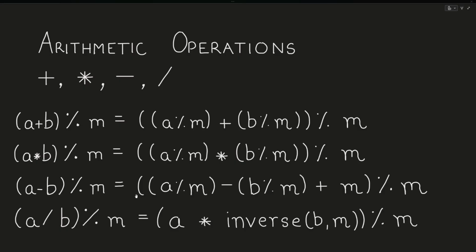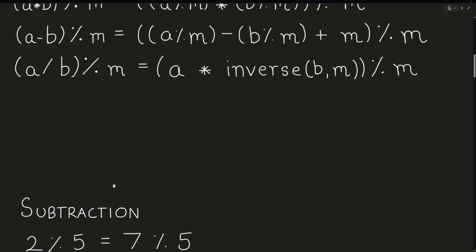I will discuss this separately in a minute. And coming to division, we see that (a / b) mod m is equal to (a * the inverse of b on m) mod m. Again, this inverse I will discuss in a minute.